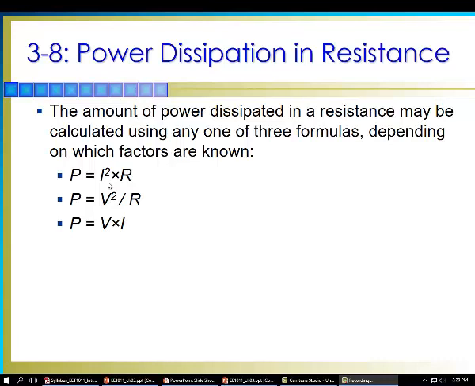It will be current times the resistor, which is current squared times R. And the other one: from Ohm's law, remember that the current is equal to the voltage divided by the resistor. So if we substitute this I by V over R, we get V squared over R, which is this one right here. So all this is basically the same formula using Ohm's law.